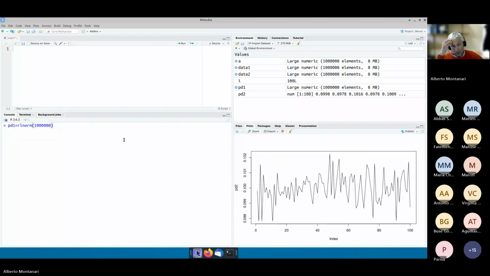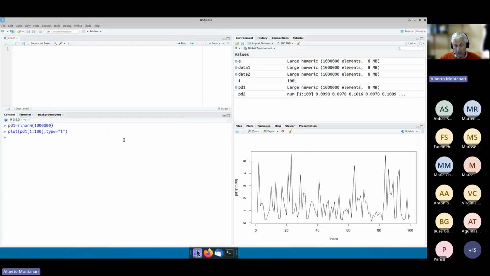So how are these numbers generated now? For those of you who are already familiar with statistics and probability, I generated from the log-normal probability distribution. It's not uniform probability. It's something different. And we will see how the probability of the log-normal distribution is distributed. Let me just show you an example plot.